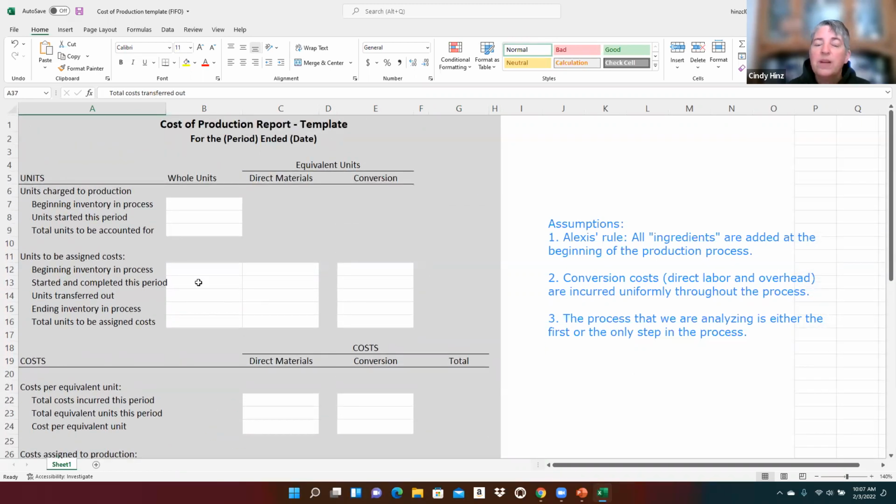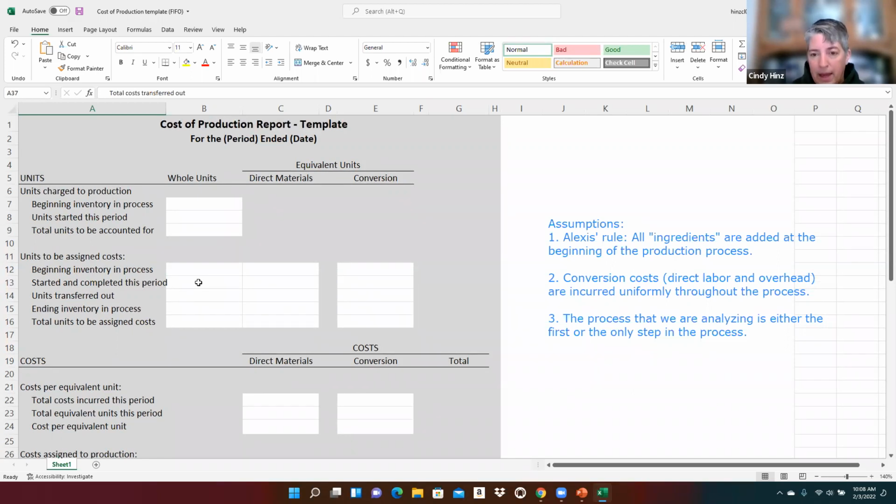So if they're transferred out of this step, work cell department process, that means they're being transferred in someplace else. In this template, I don't account for costs being transferred in. It would actually add another whole column in what we were doing, and it would add a complicating layer to our calculations.